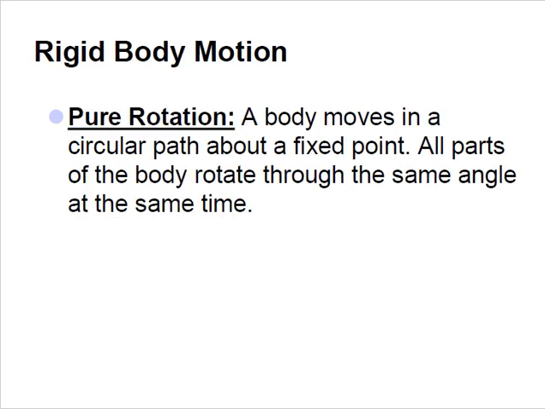All right, the next one. Then we'll get into the next type of motion this rigid body can do, and that's pure rotation. In pure rotation, your rigid body is going to move in a circular path around a fixed point. So you have your axis. Let's say this is your body, and it is rotating.